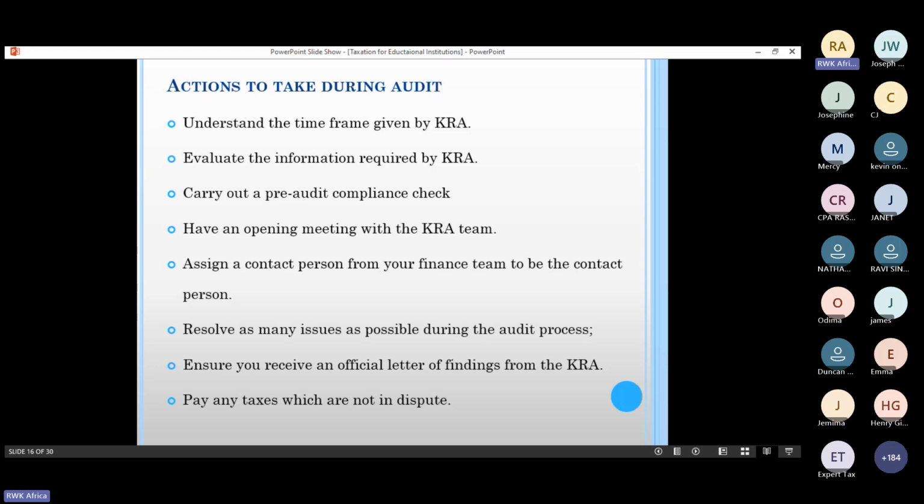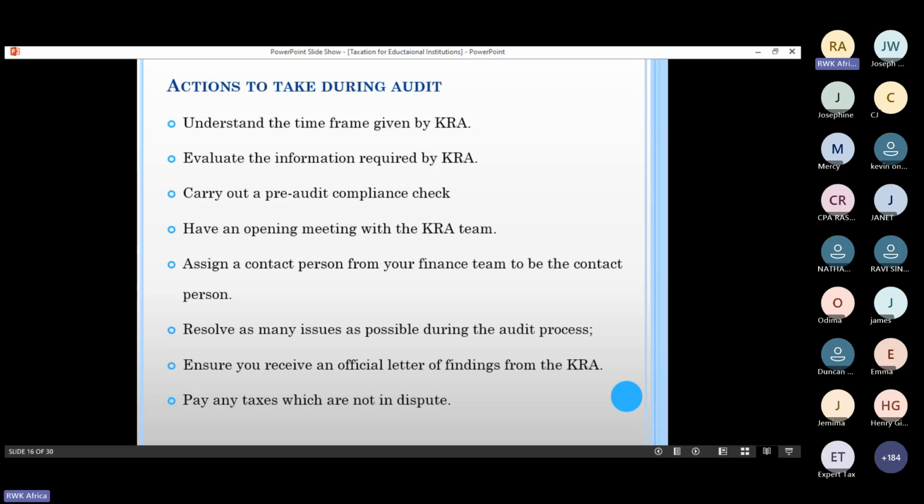Then ensure you receive an official letter of findings from KRA. Once the entire audit process has been completed, maybe you have not paid any tax, or there was tax in dispute to pay, ensure that at the closure of that process, you have received the final letter from KRA, which is official.